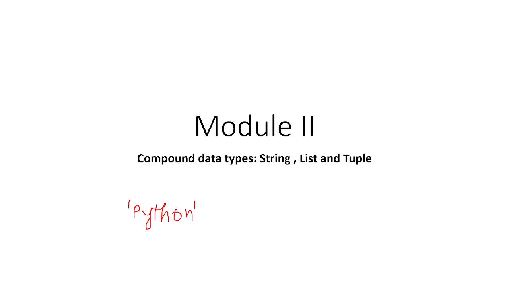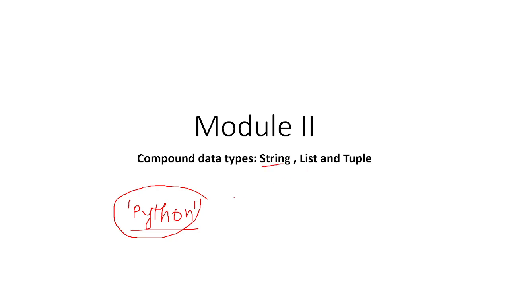Here, this is compound data types called string, where it has multiple characters. Multiple characters are embedded within single quote or within double quote or within triple quote. You note that starting and ending quote should be same. If you are using single quote, should be ended with a single quote. If you are using double quote, should be ended with the double quote. Similarly, triple quote also. So this is a data type called string.